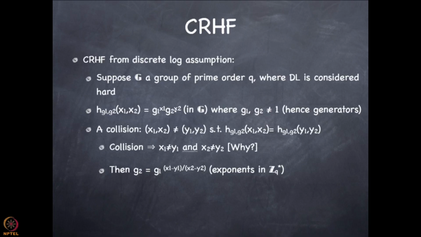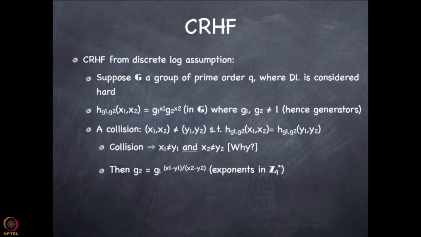You'll be left with g2 to the power x2 divided by g2 to the power y2 equals g1 to the power y1 divided by g1 to the power x1, okay, which I am rewriting as g2 to the power x2 minus y2 equals g1 to the power x1 minus y1. Or maybe it was y1 minus x1. Okay, I think it should be y1 minus x1. Okay, but you can write an equation essentially of this form, and you can divide in the exponent.